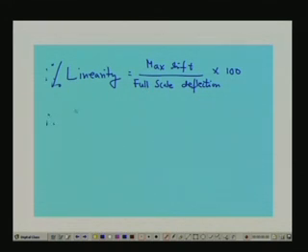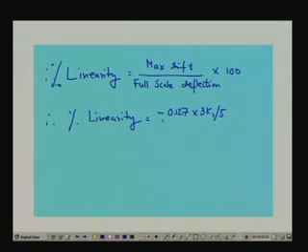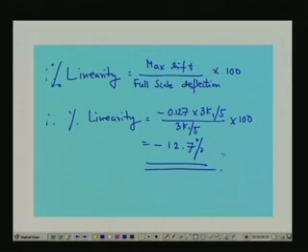So, the percentage linearity in this case is equal to minus 0.127 into 3K1 by 5 divided by 3K1 by 5 into 100. So, this is coming as minus 12.7%. So, this is the answer.